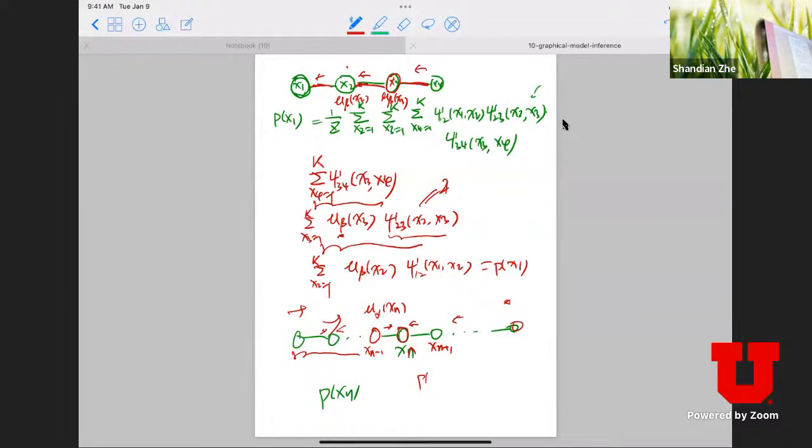And the backward message is the sum of the product of the potentials from the rightmost nodes all the way down to xn. Then you just multiply them together. You get all the results because you have the summation over all the remaining variables.